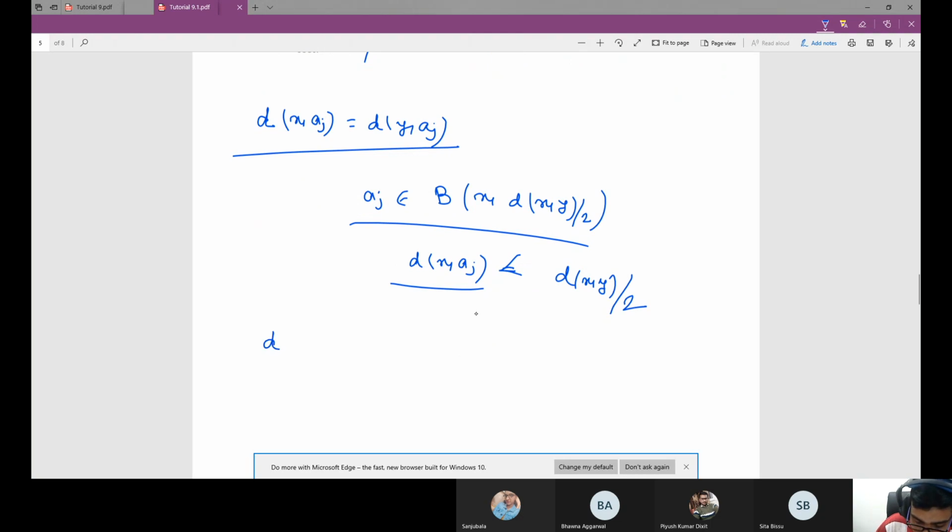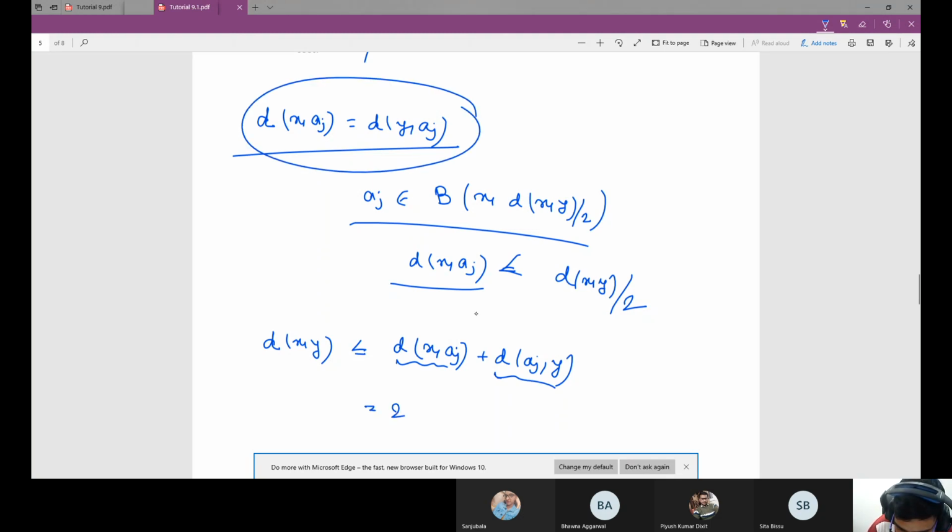Now you see d(x, y). By the triangle inequality, it is at most d(x, aj) plus d(aj, y). But these two are the same, so this is equal to 2 times d(x, aj), which is strictly less than 2 times d(x,y)/2, which is equal to d(x,y).